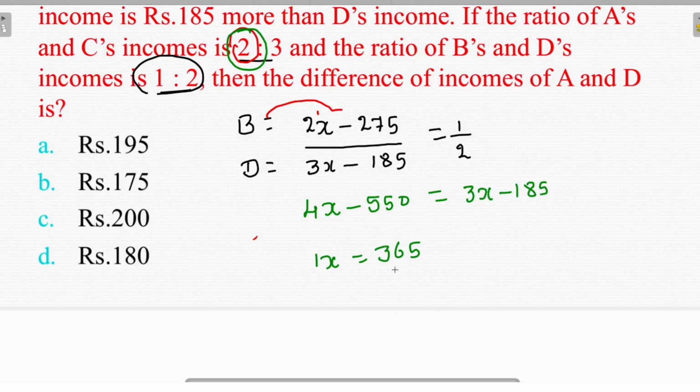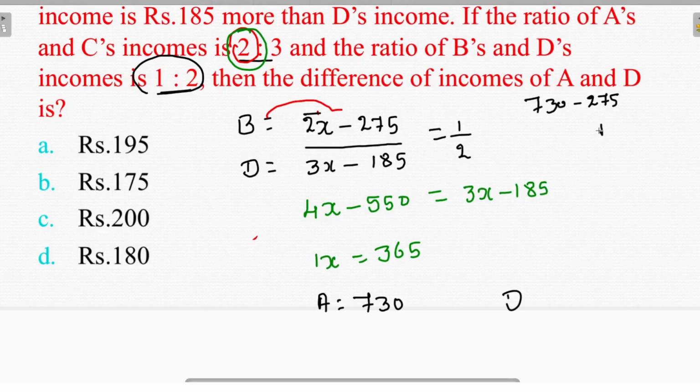If it is 365, 2x value will be 730. Means A's income will be 730. I want to find out the final question, D. D we know is double B. First find out B, then double it and that's enough. B value will be 730 minus 275.